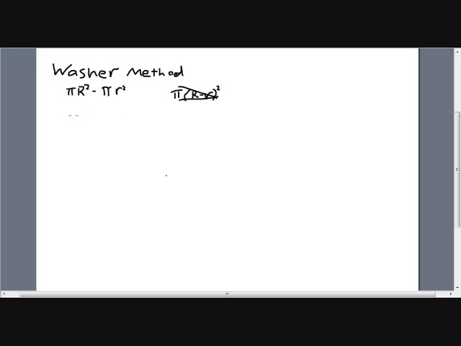Let's do another example. The region in the first quadrant enclosed by the y-axis and the graphs of y equals cosine x and y equals sine x is revolved about the x-axis to form a solid. Find its volume. Like the cylindrical volume problem, the first step is to draw the graphs of the two functions.